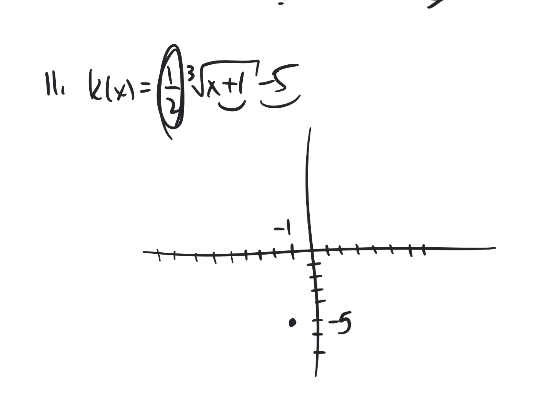So instead of going right 1, up 1, we only go up 1/2. Instead of going 8 to the right and up 2, we only go 8 to the right and up 1 because we have to make it 1/2 as tall. And then the same on the left side, left 1 down 1/2 and left 8 down 1.